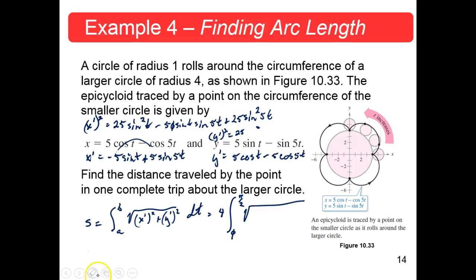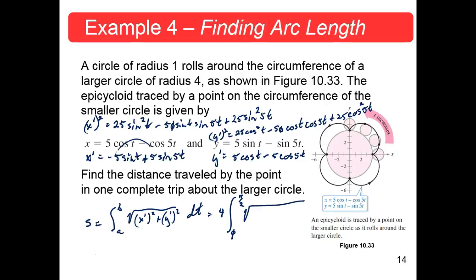Okay, cosine squared t. And that's going to be a minus 50, because you're going to double that, right? 50 cosine t cosine 5t plus 25 cosine squared 5t. Right? Did I get it right?